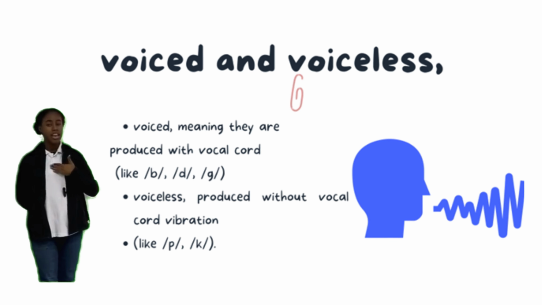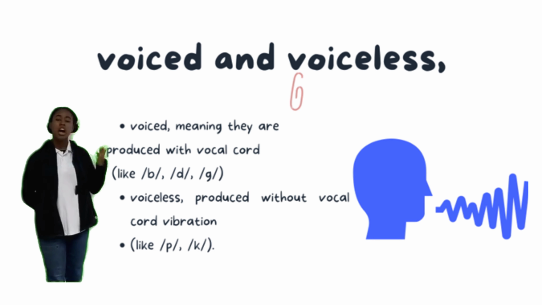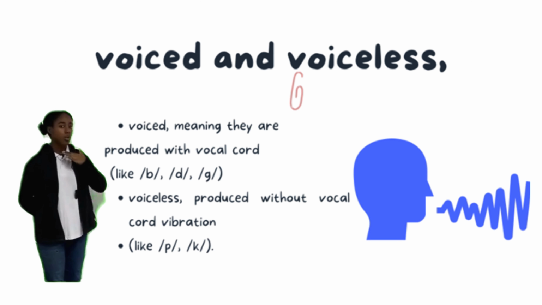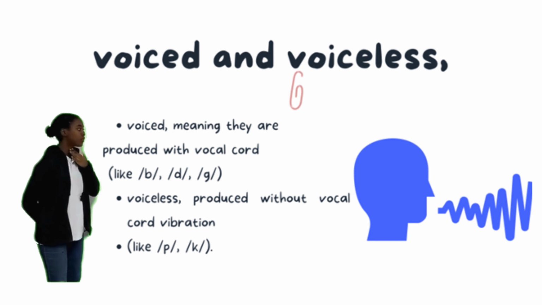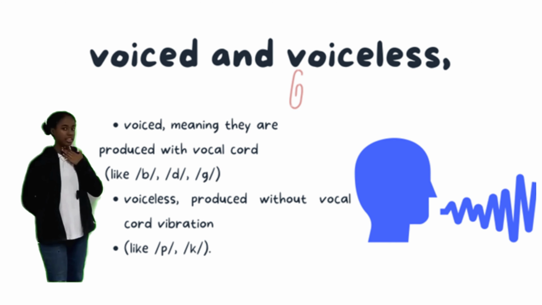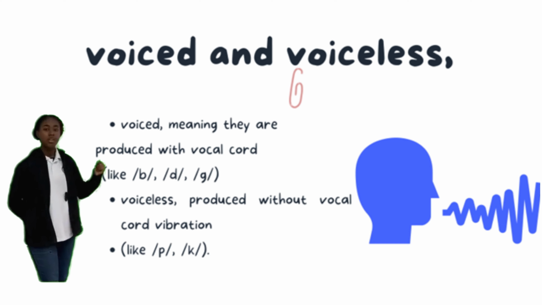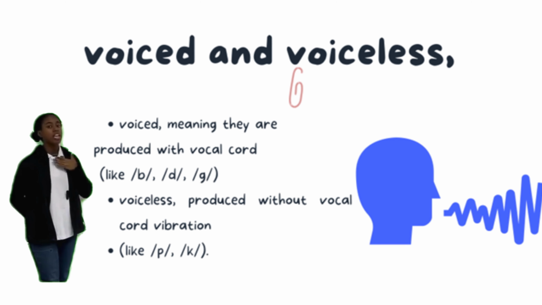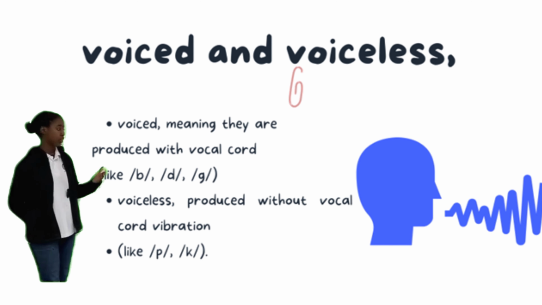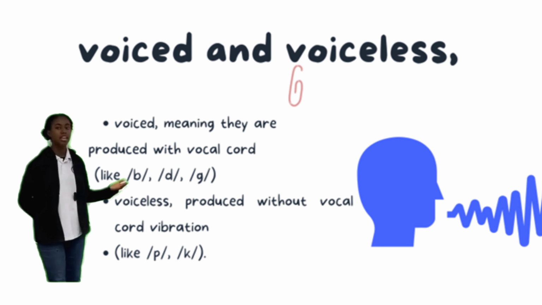Well, I'll explain to you. Voiced consonants are consonants that are produced with vocal cord vibration, such as b, d, and g. And voiceless consonants are produced without any vocal cord vibration, such as h and k.